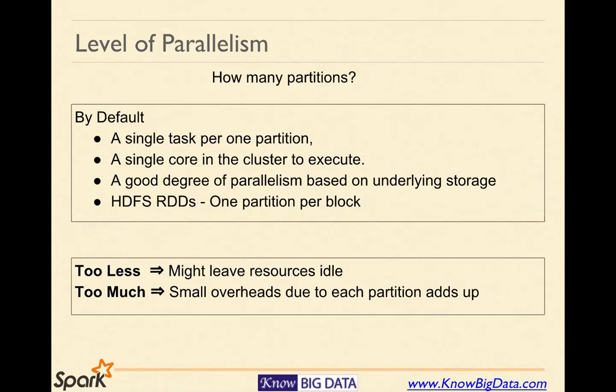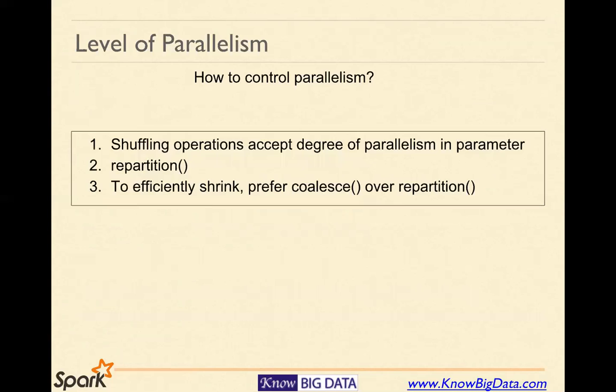If you keep more partitions, then there'll be some overhead because the data might get transferred to other nodes in case you are enforcing partitions. If there are too few partitions, a few resources will be too stressed out, others will be too idle, and the overall time might go lower.